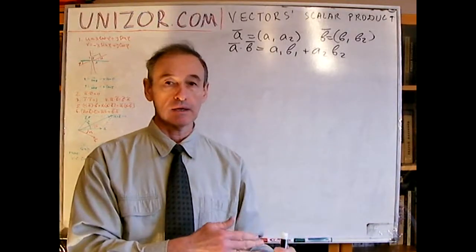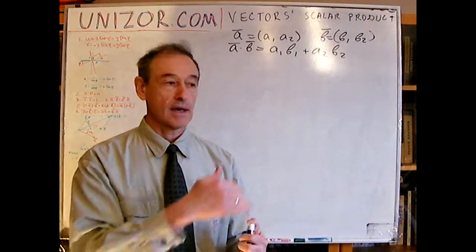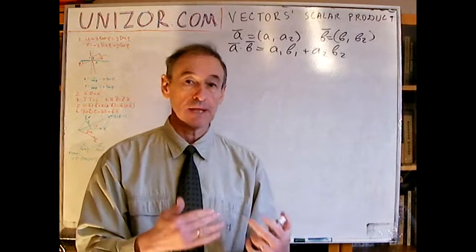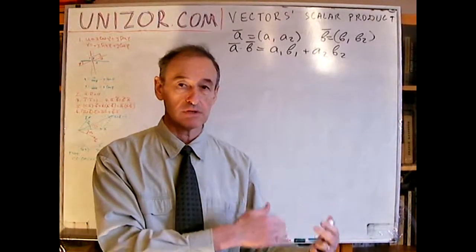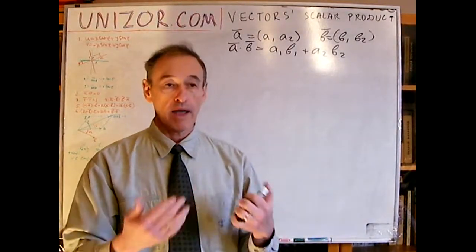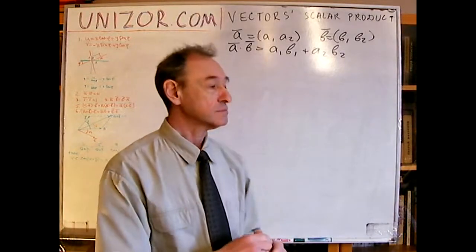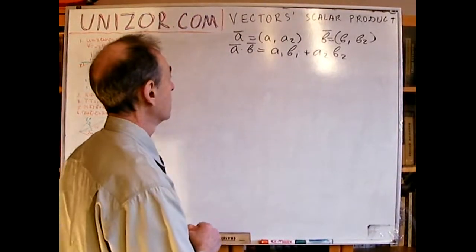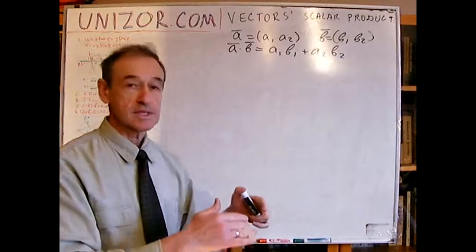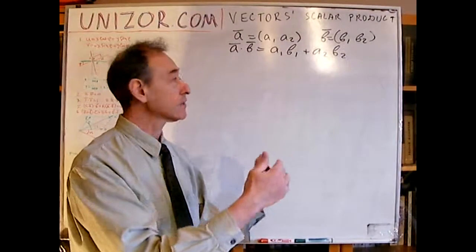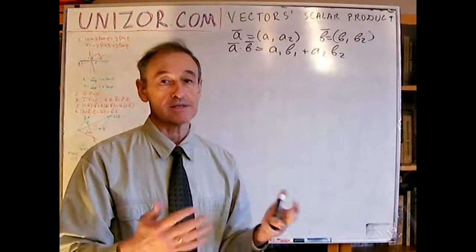How can I demonstrate that all these reasonable and natural rules which we have established in the very beginning are actually satisfied? So I will go through the same set of rules, and I will try to prove that this formula actually satisfies these rules.